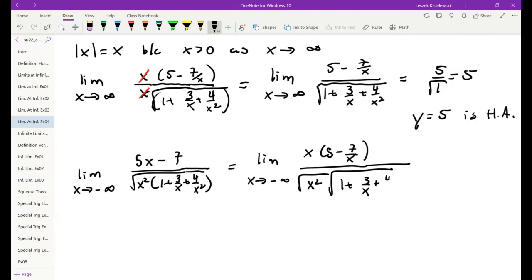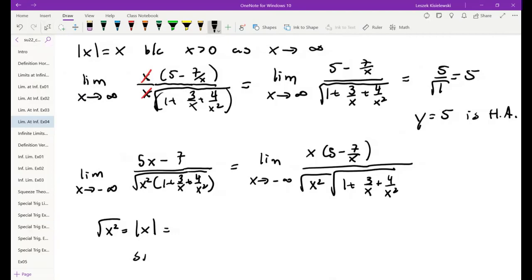But what's different now is that we're letting x go to negative infinity. So we know that the square root of x squared is the absolute value of x, but since x is negative as x goes to negative infinity, the absolute value of x becomes the negative of x, right? Because x is negative.